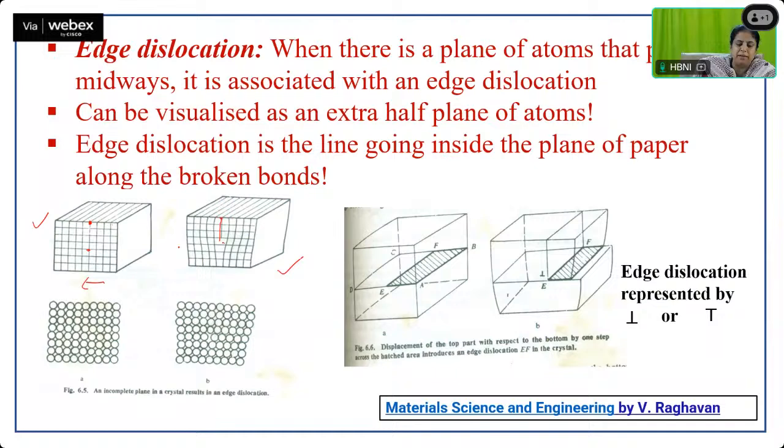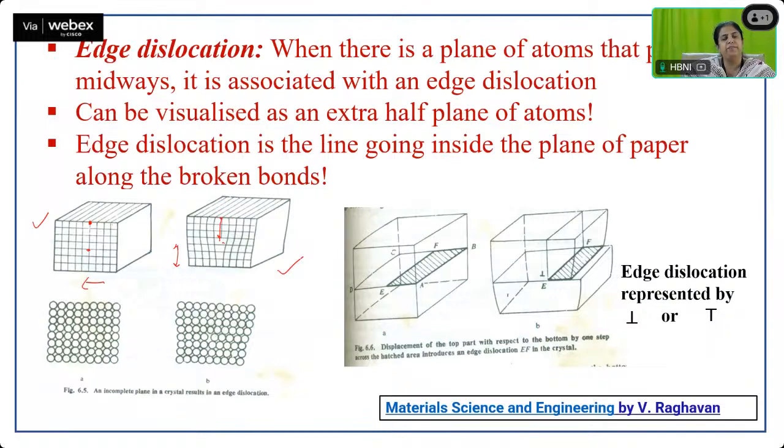It is not being continued in the later half of this crystal. What will happen is that dangling edge across, which shows the incompleteness, which shows the ending of this plane, is your edge dislocation. So edge dislocation in this particular case is perpendicular to this surface. All right.